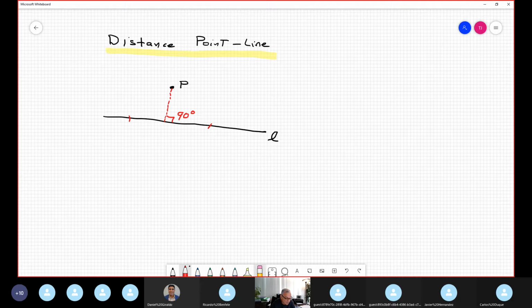Okay, so now it's relatively easy because of the information we need. We need the point P. We need the line, and the line is presented parametric or vectorial, either way.